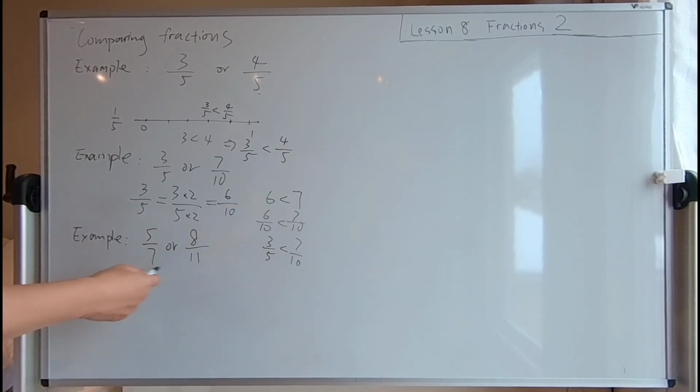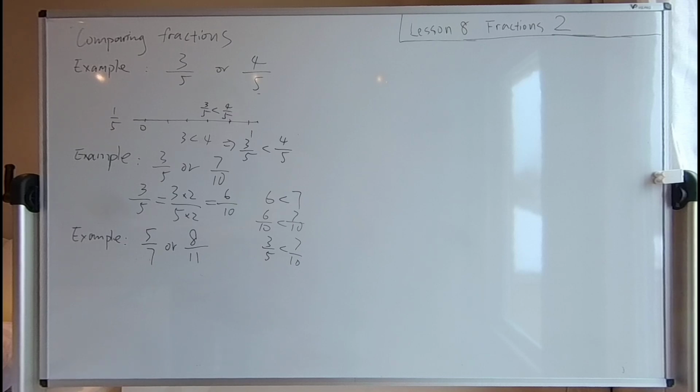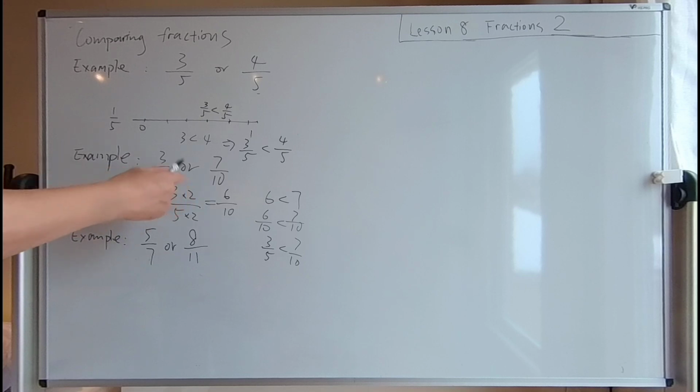They obviously have different denominators, and they also don't have a clear or direct relationship between the two denominators, because 7 and 11, neither is a divisor or multiple of the other. They are actually prime numbers, or relatively prime to each other. So how can I use the same way to compare these two fractions?